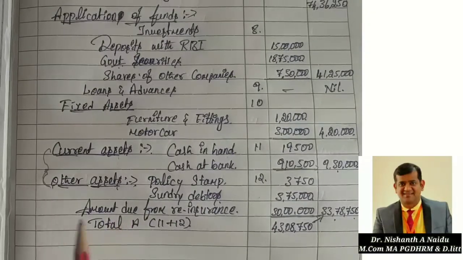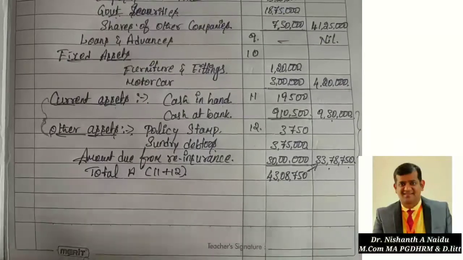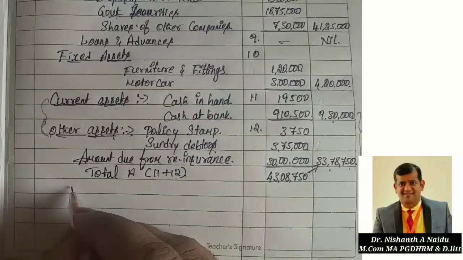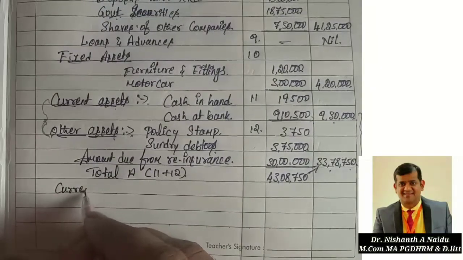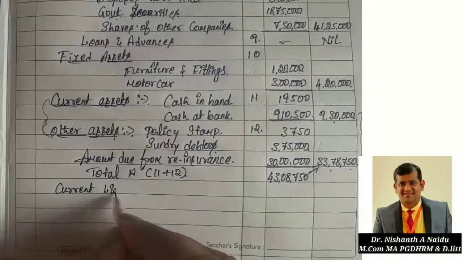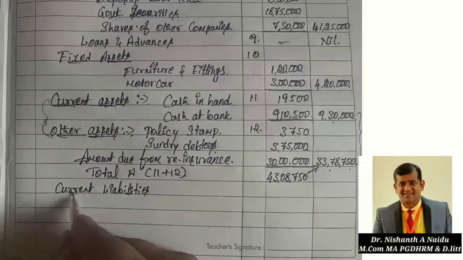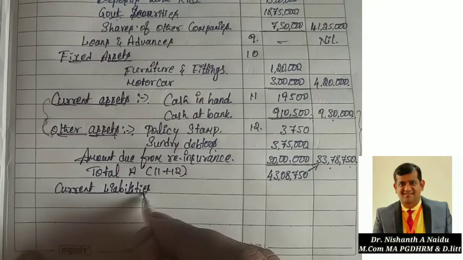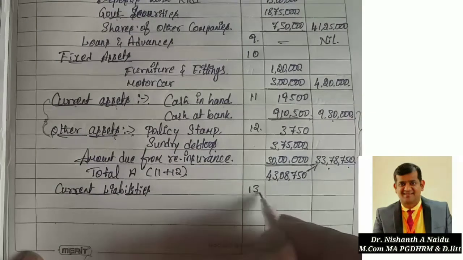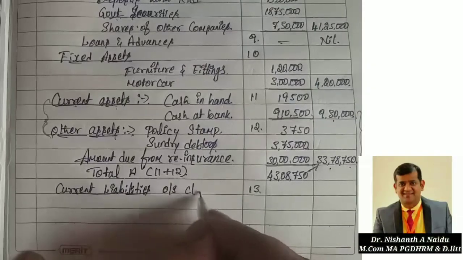After that we have to write current liabilities. Current liabilities always come under schedule number 13. Under that, the first one is outstanding claims.